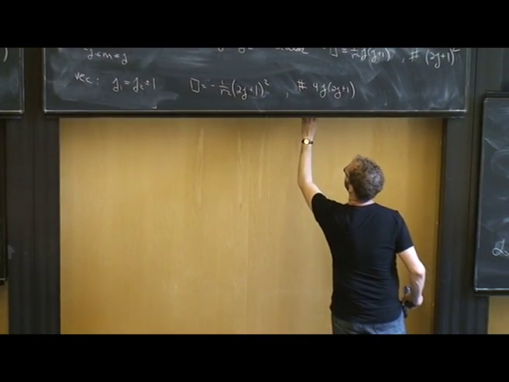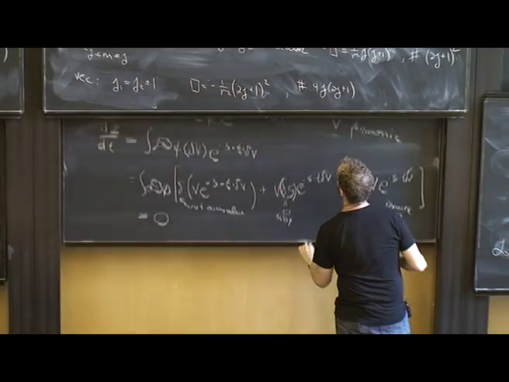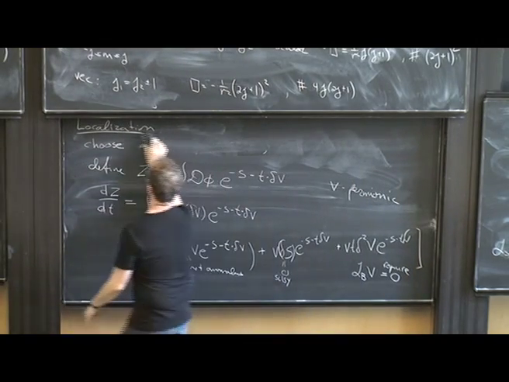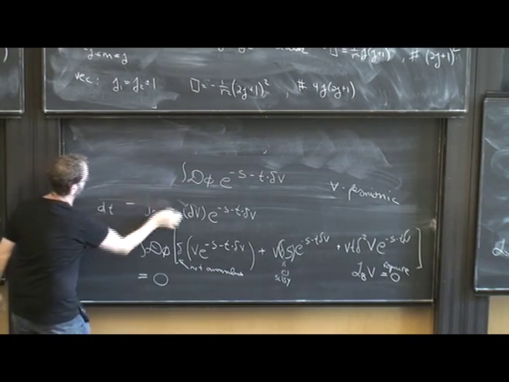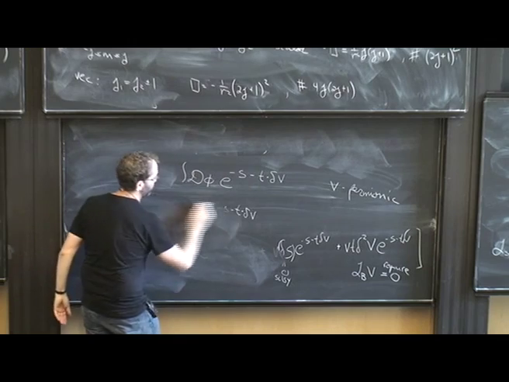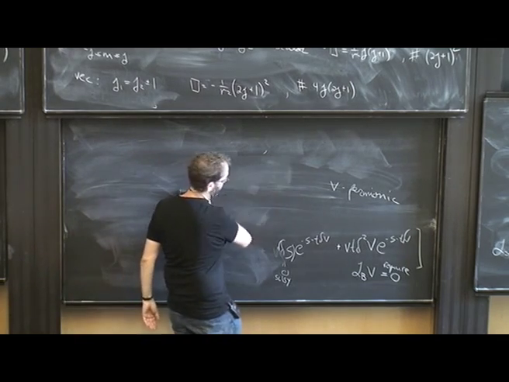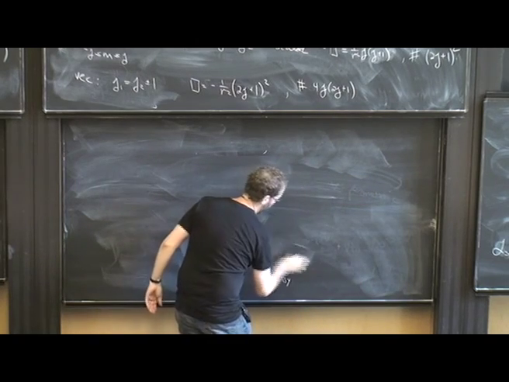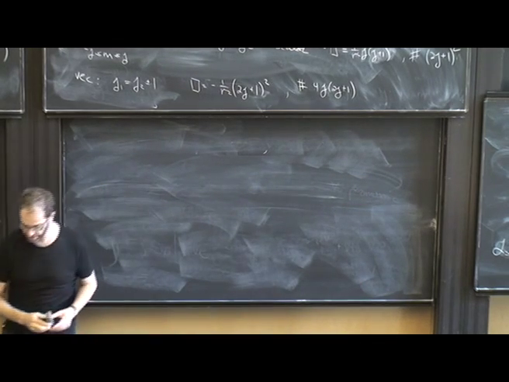Okay, so again, this I didn't do in full detail. If you want it in the goriest detail, you can look at the appendix of my paper with Drukker and Passerini.